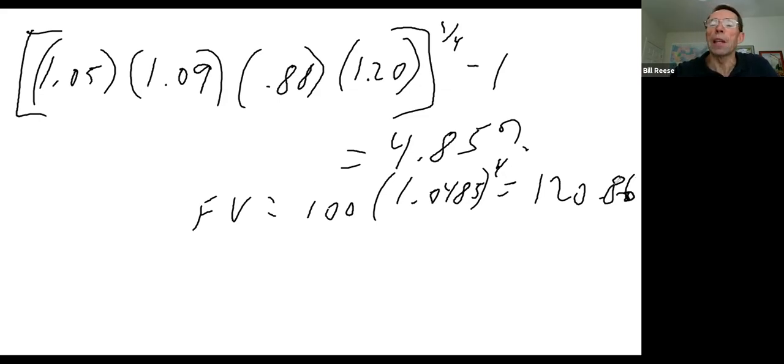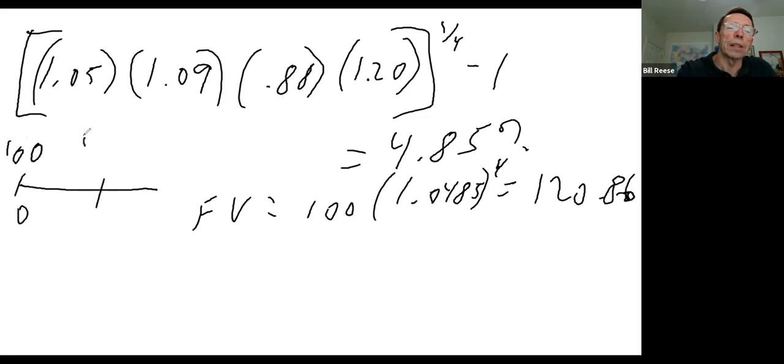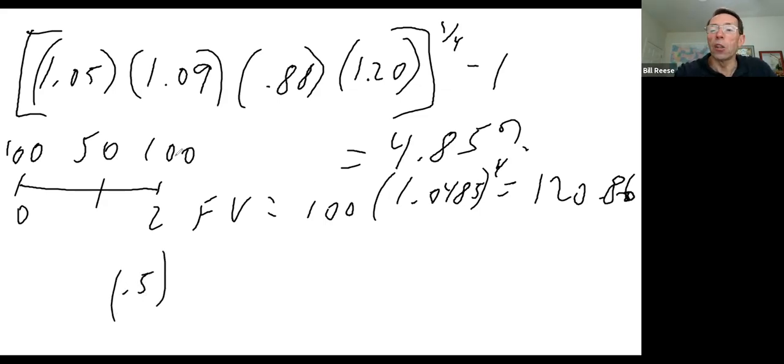Let's do the same thing with our example of $100 for 2 years, where we have even more extreme returns. If you recall, at time 0, we started with $100. At time 1, it went down to $50, and at time 2, back up to $100. So we lost 50%. Add 1 to negative 50%, and you get 0.5. The second year, we had 100%.